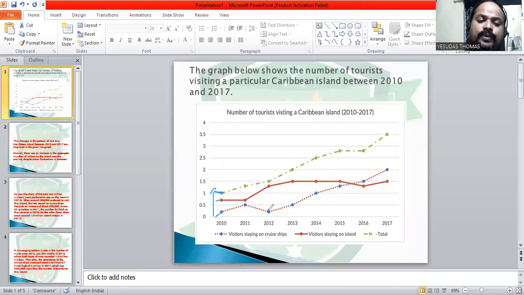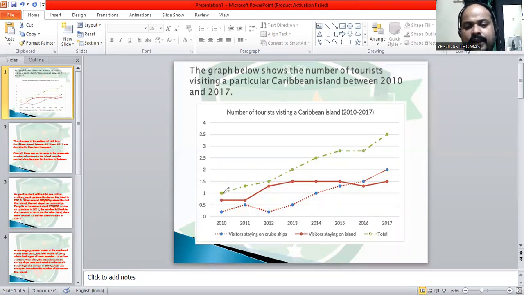So you can say this plus this equals 1.5. So we have the total number of visitors. Some of the visitors stayed on the island, some of the visitors stayed on the cruise ship. And this is what the difference is.